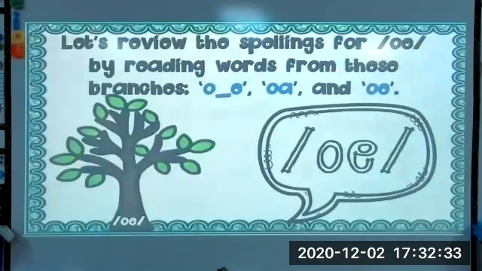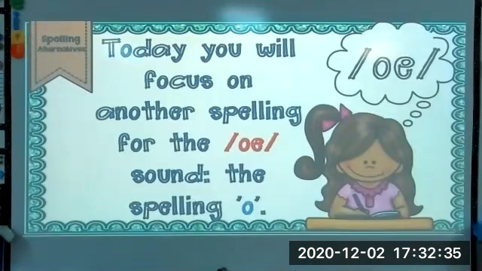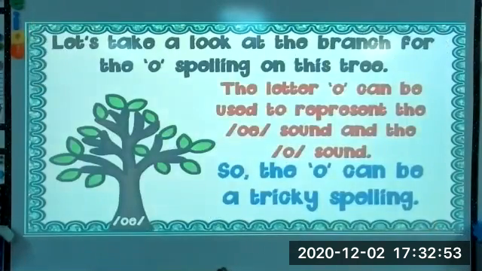Okay, so today we are going to focus on another way to spell the O sound. We've talked about OA and OE and O consonant E, and today we're going to start a new spelling, when it's just the letter O that makes the O sound. So let's take a look at the branch for the O tree.